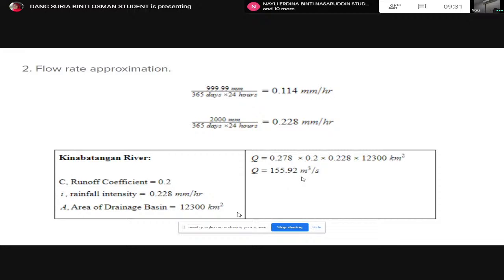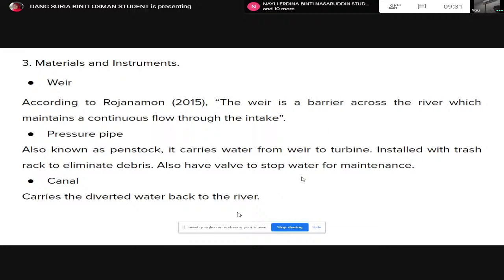So this is the last part of the methodology. Like my friend Huda explained earlier in her slides, it contains a few elements. According to Regional Mod 2015, a weir is a barrier across the river which maintains a continuous flow through the intake.